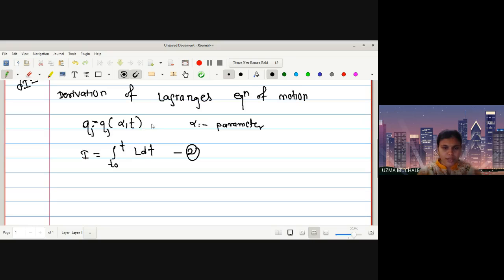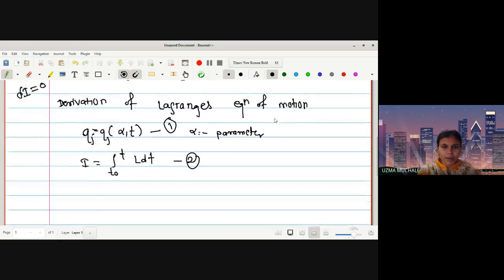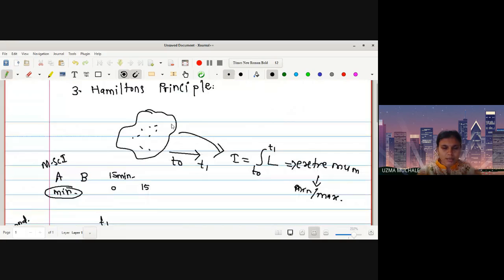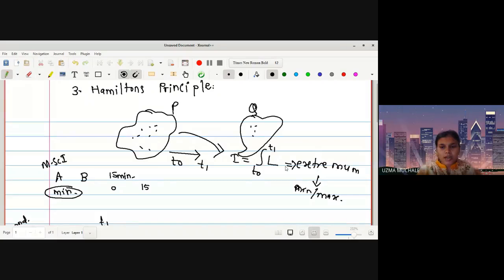What is your first equation? All the possible paths from point P to Q. What is given to us? We have a system of n particles moving from position P to Q within the time interval t0 to t1, and they will choose a path in such a way that the line integral of the Lagrangian is extremum, right?